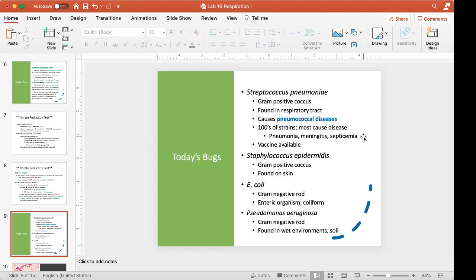Look at those diseases. That's a group of diseases that nobody wants to have, right? We do have vaccine. We have vaccine against pneumococcal organisms like strep pneumoniae. We don't give them to everybody. Not everybody takes the pneumococcal pneumonia vaccine, at least not every adult does.